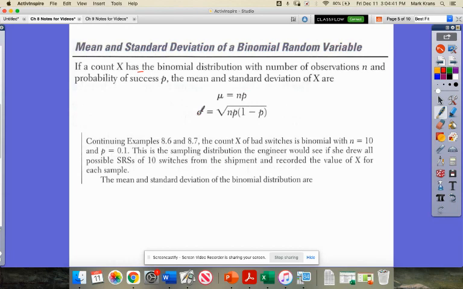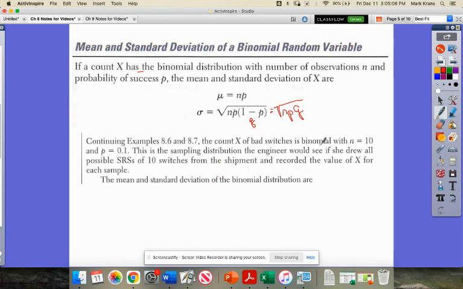The standard deviation comes out to the square root of N times P times the number of failures, 1 minus P. Okay. I'm not going to get totally into the derivation of those right now, but I might mention it in a little more detail in class. But it's the square root of NPQ, right? This Q is also known as 1 minus P. I'm going to use them both, so I want you to be familiar with both.